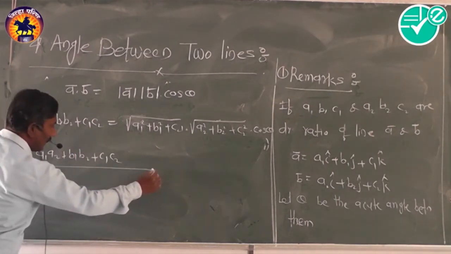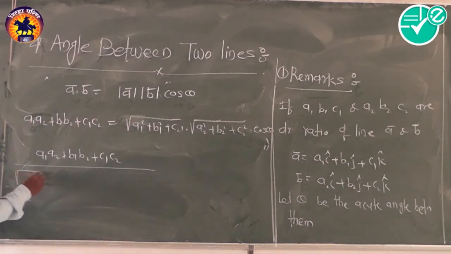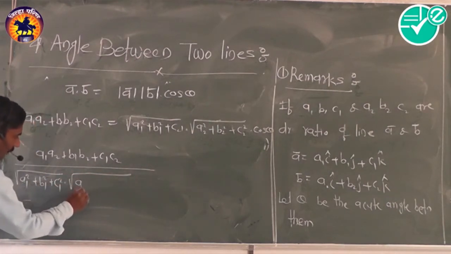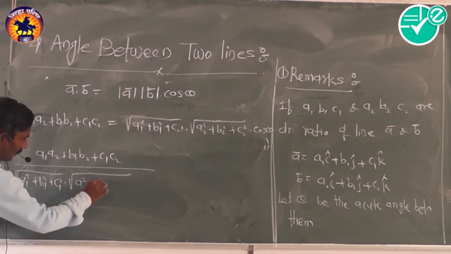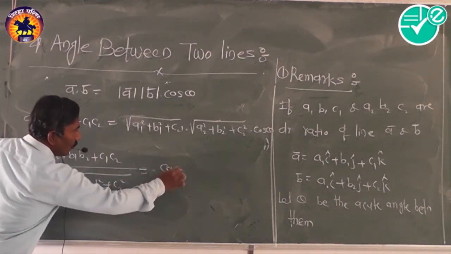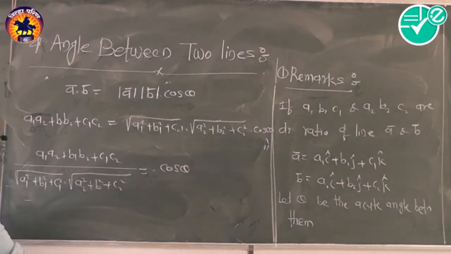Take in the denominator under root a1 square plus b1 square plus c1 square into under root a2 square plus b2 square plus c2 square, which is equal to cos theta.